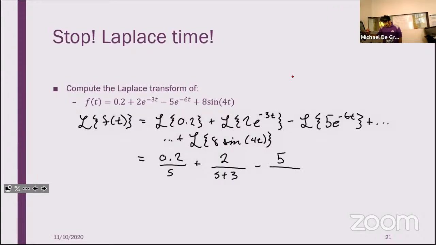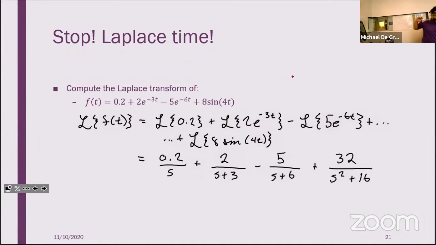Minus, well, the next one is going to have the same functional form. And then we've got this sine wave, and this is 8 times sine of omega t. And so that's, sine is omega over s squared plus omega squared, right? But omega is 4. And 4 times 8 is 32, divided by s squared plus 16, which is 4 squared.